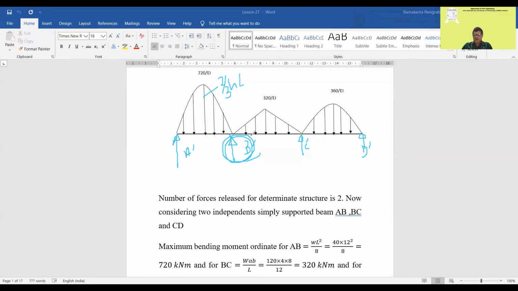Now if you come to this span B dash C dash, that is a triangle. Triangle means total area is half base into height, and half will come to this side and half to the other side. And again, C dash D dash is a parabola.